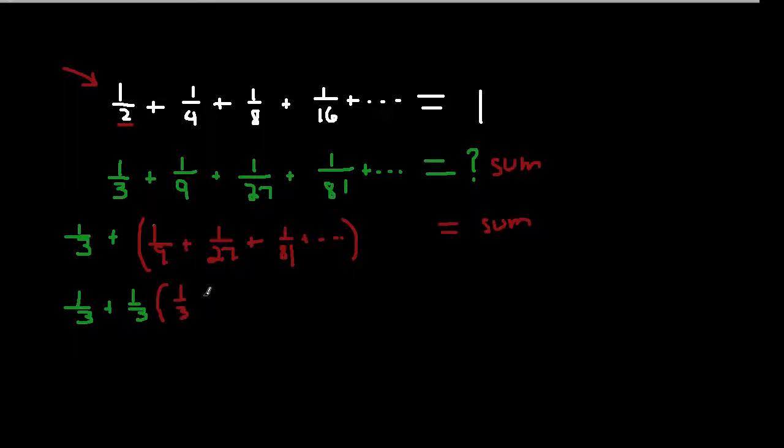If I factor out a 1/3 from 1/27, I get 1/9. If I factor out a 1/3 from 1/81, I get 1/27 plus dot, dot, dot. Okay, I'm just factoring out a 1/3 to get this. And this is still equal to sum.